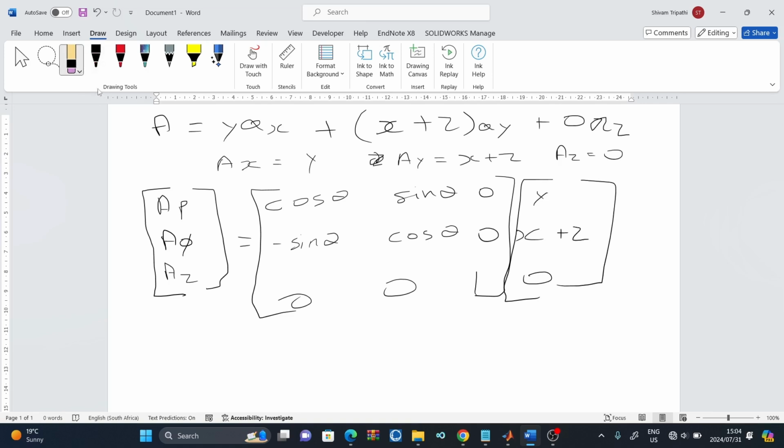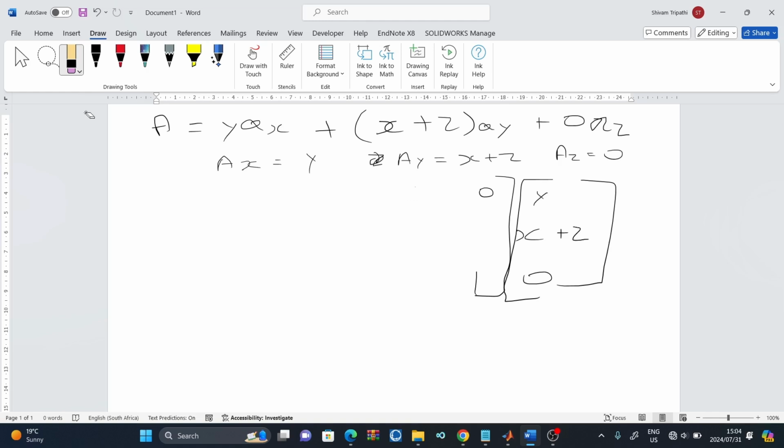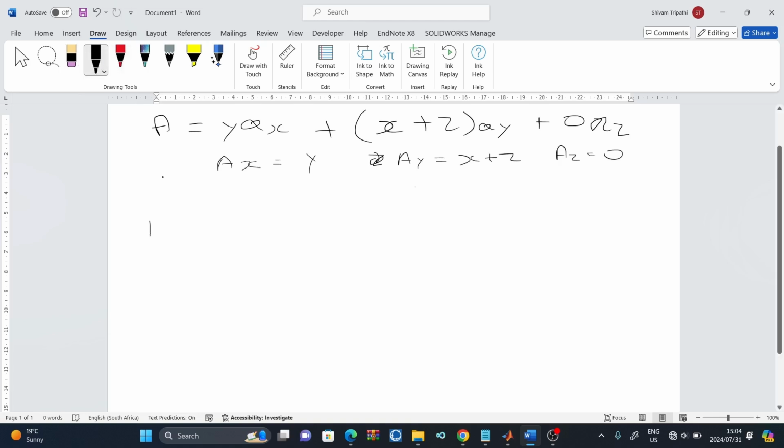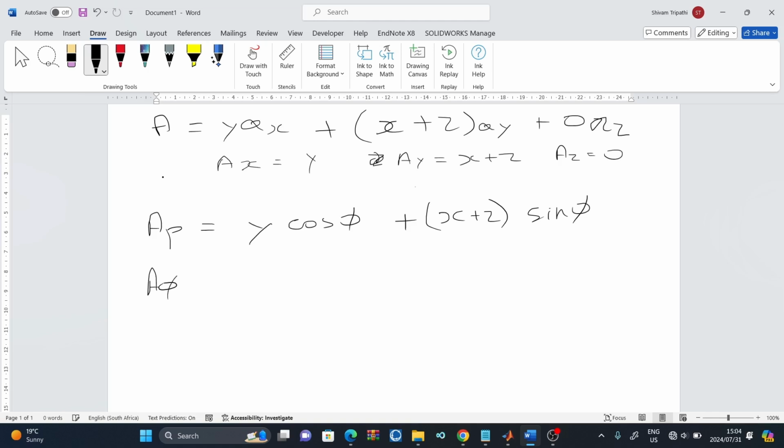If you do that, then AP will be y cos phi plus x plus z sin phi. Then A phi will be minus y sin phi plus x plus z cos phi. And for Az there is nothing, which is 0.